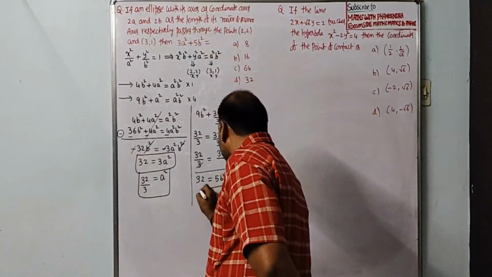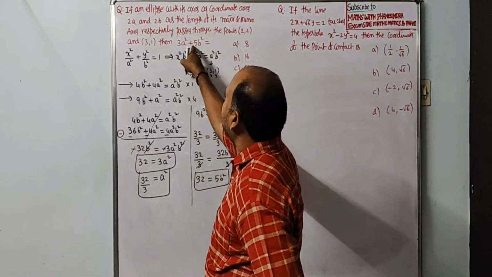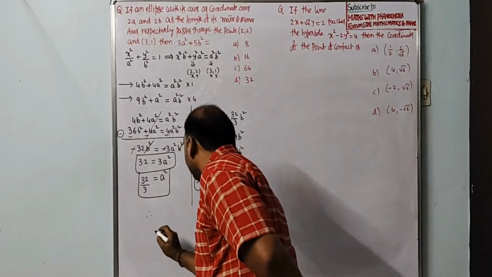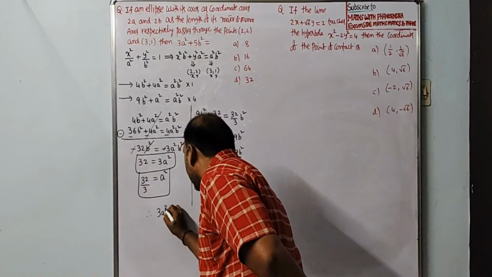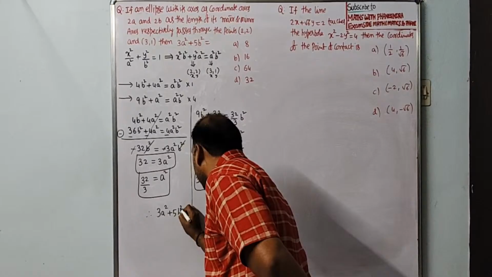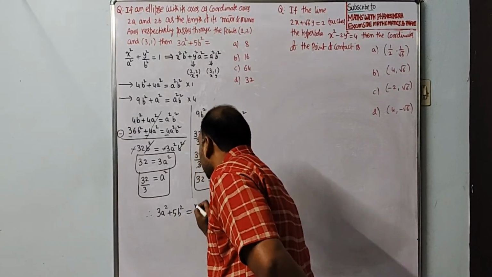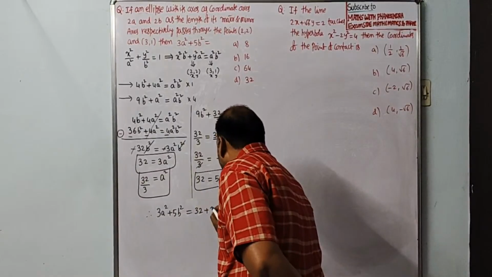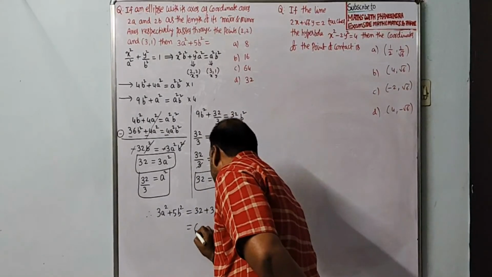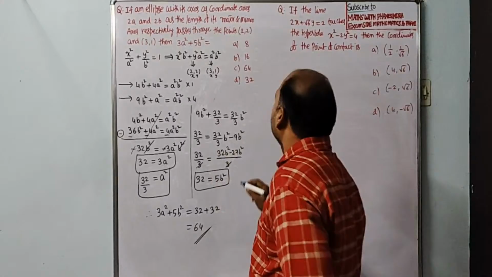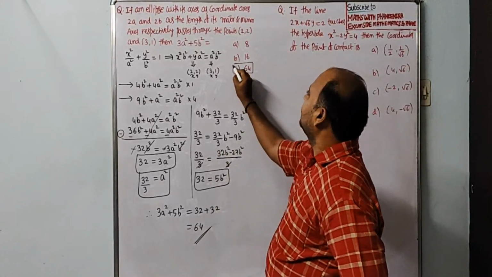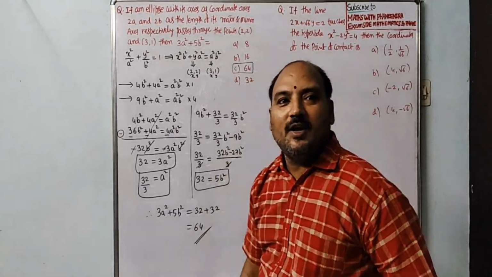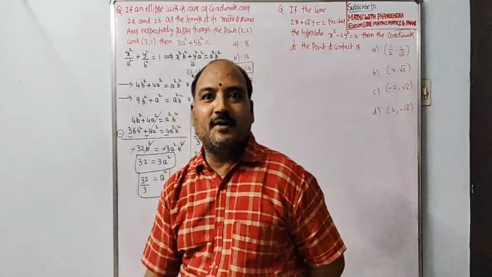So in that question 5b square only is required, dear students. Therefore 3a square plus 5b square is equal to 32 plus 32, which is 64. 64 is there in the third option. Okay, I hope everyone understands.